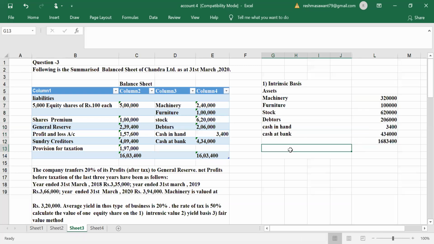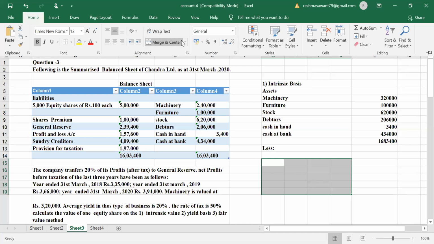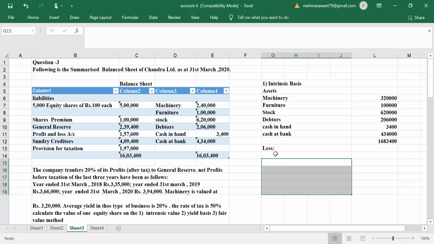Now reduce, or less. What is the amount to be deducted? Less number one, liabilities: sundry creditors.